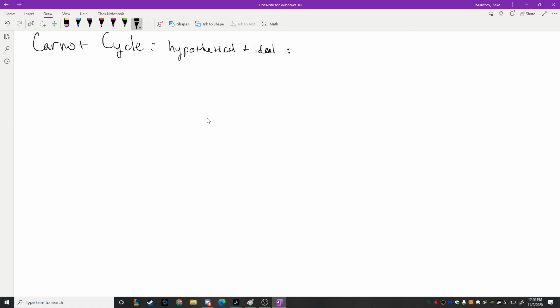So for maximum efficiency, we basically have to avoid irreversible processes. What that means is that every process has to be either isothermal or adiabatic.